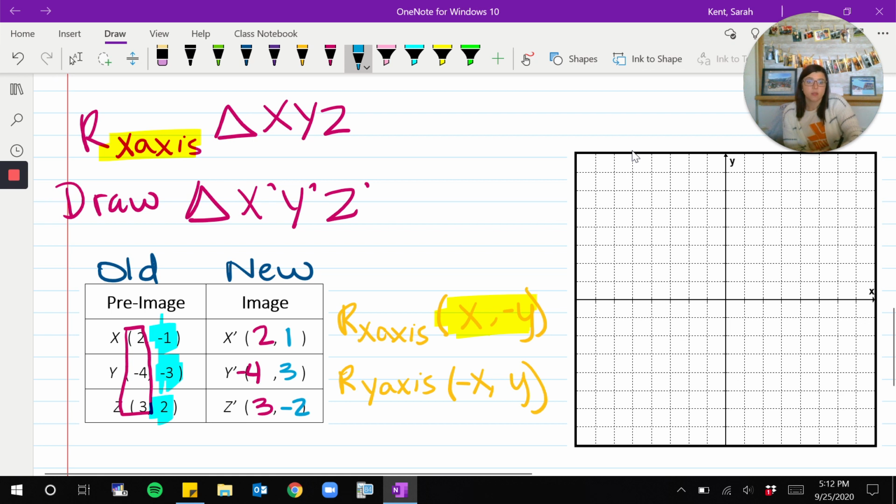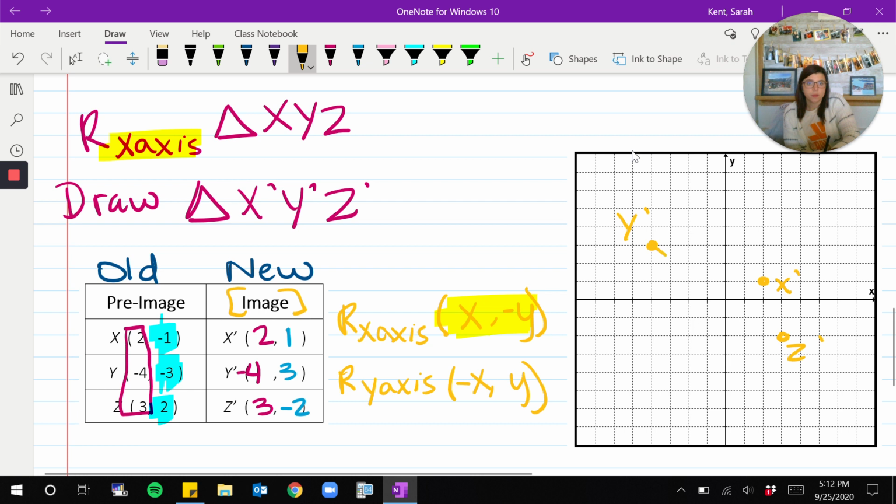So when I go to graph my new picture, I'm going to do it all in one color. So for my new x, I go over 2, up 1. For my y, I go back 4, up 3. And for my z, I go over 3, down 2.